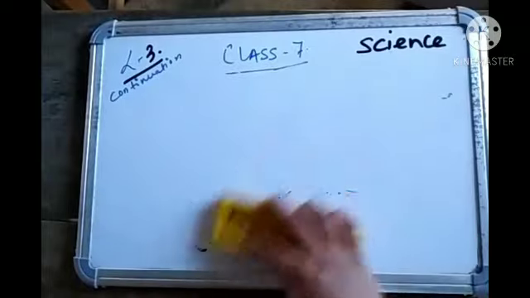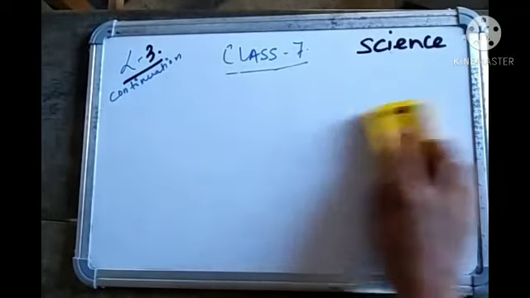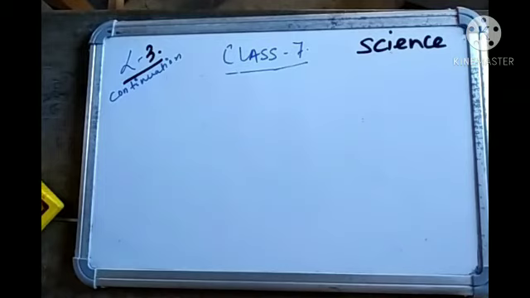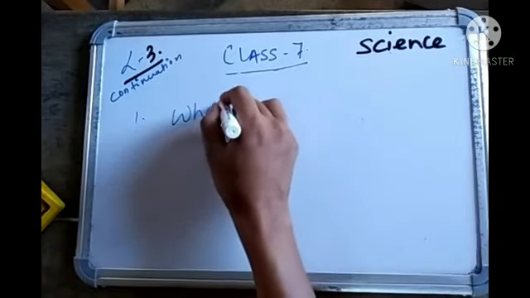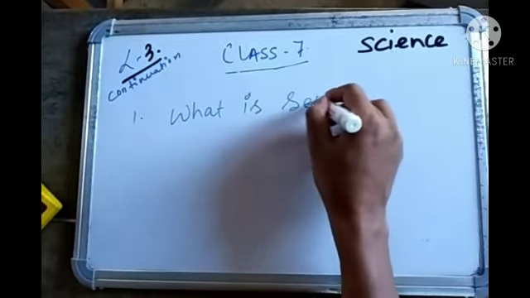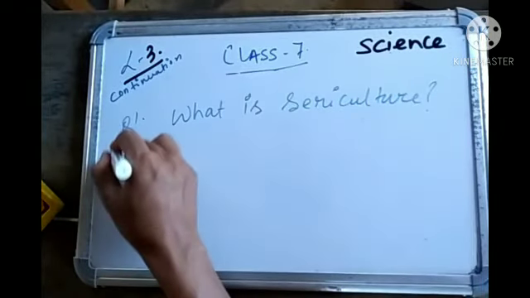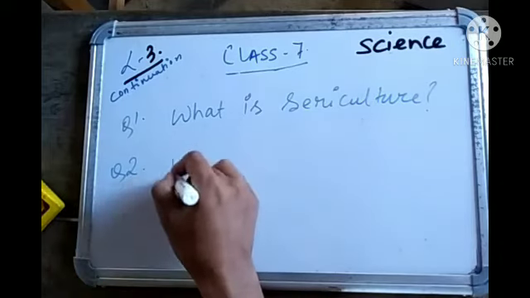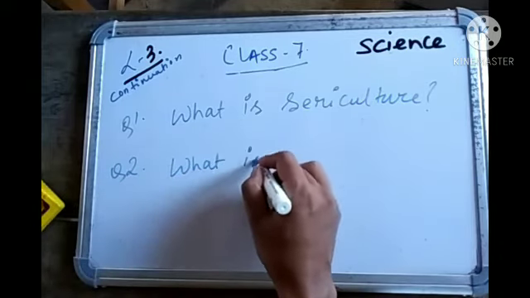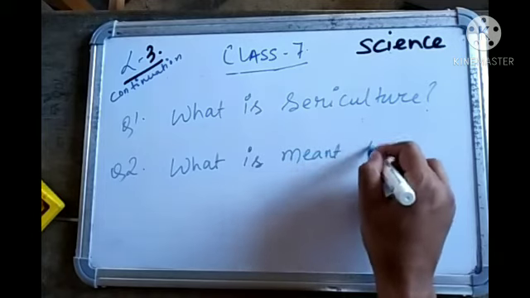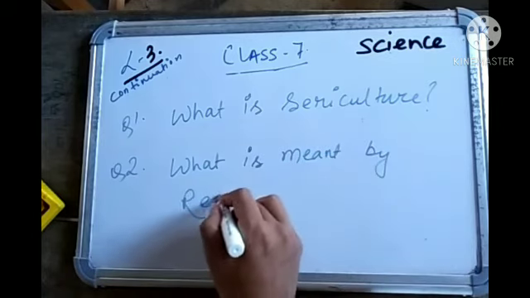Now the most important part of today's lecture, or every lecture, is evaluation. To evaluate yourself, I'll write down some questions which would help you check whether you have understood the topic or not. What is sericulture? You are not supposed to write the answer in your classwork notebook. This is just for evaluation. What is meant by reeling the silk?